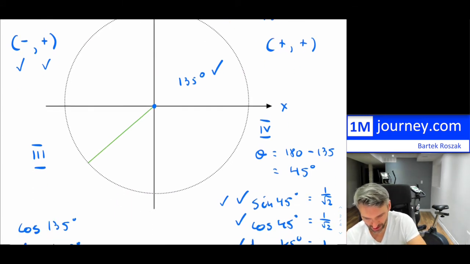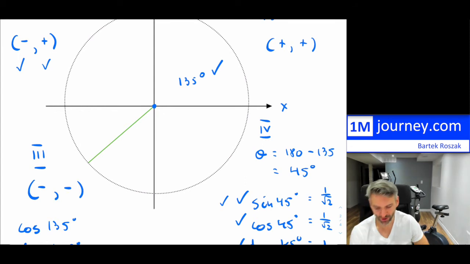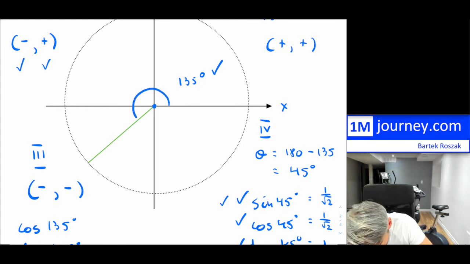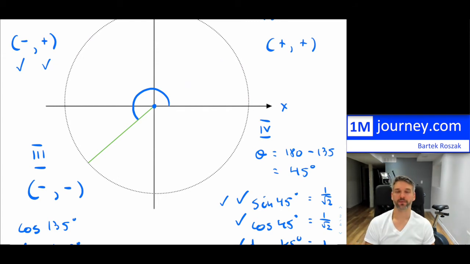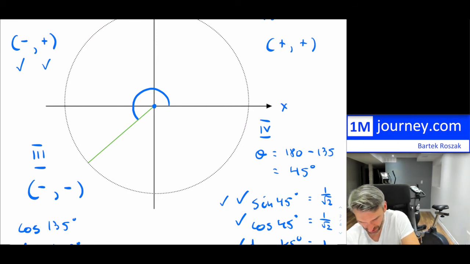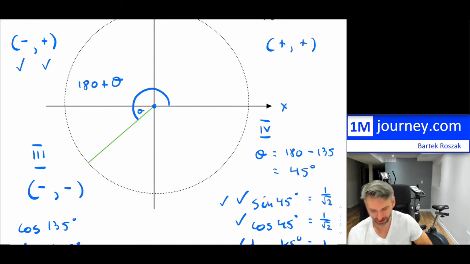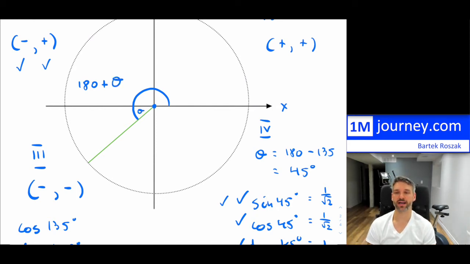Both my x value and my y value are now negative. So if your angle is all the way around here and it falls into the third quadrant, which is basically now 180 degrees plus whatever angle this might be. Now it's plus instead of a minus.